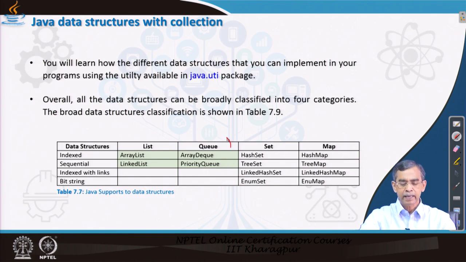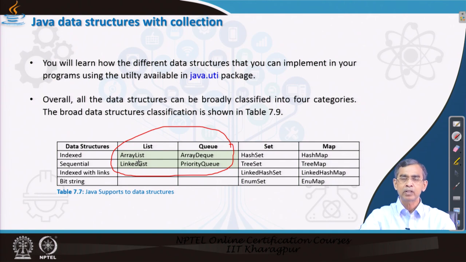So, these are the different classes related to the data structure for a certain type of collection, and all those collections are handled by the corresponding classes defined in the collection framework.